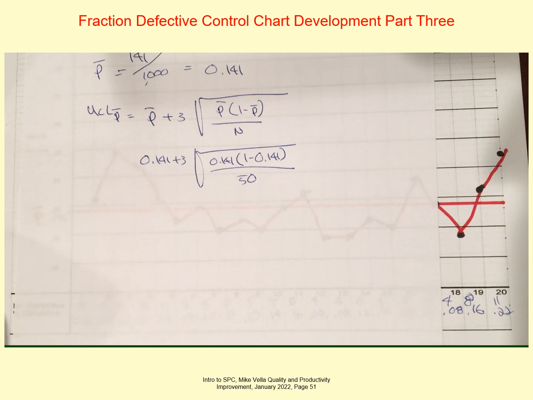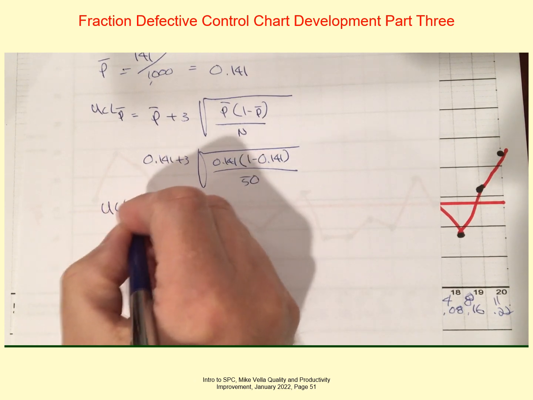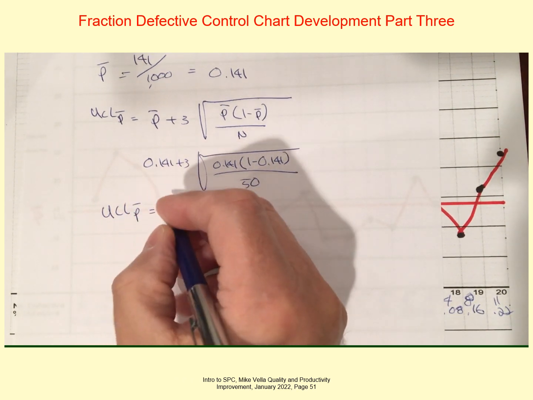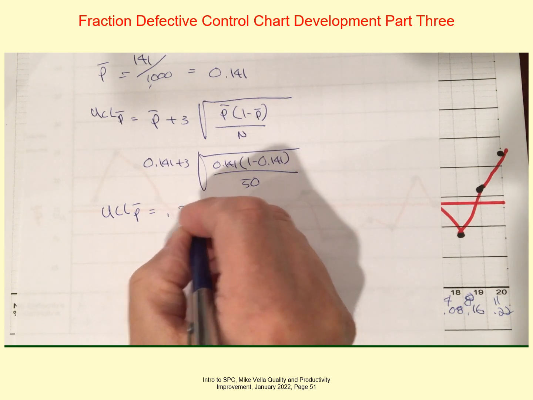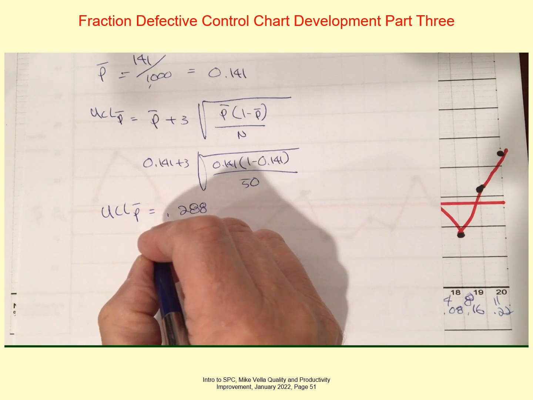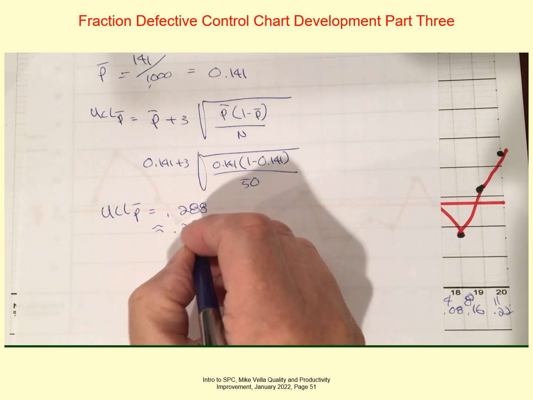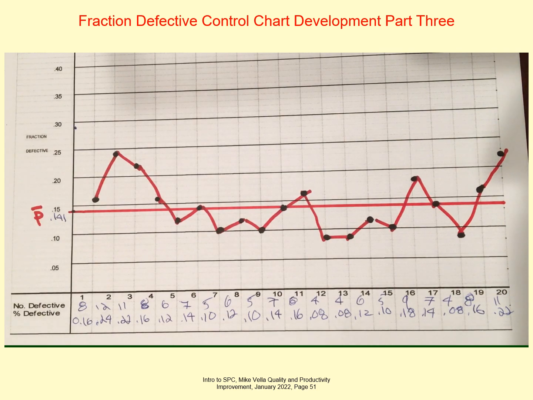And so our upper control limit for the p-bar, the UCL p-bar, is 0.2886, or we'll call that roughly 0.289. So we found 0.289, just below the 30 there.